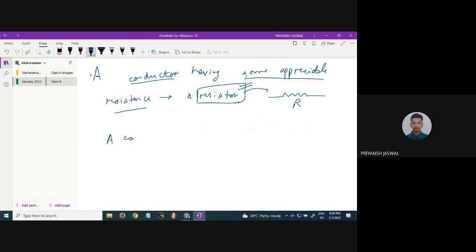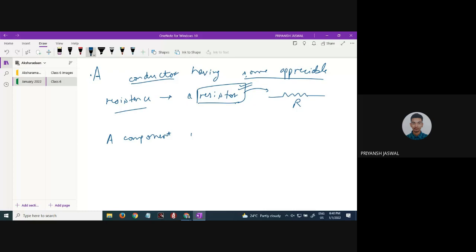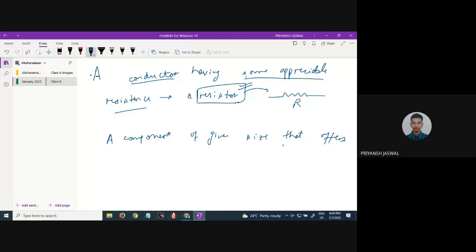A component of given size that offers low resistance is a good conductor of electricity. Low electrical resistance means a good conductor.